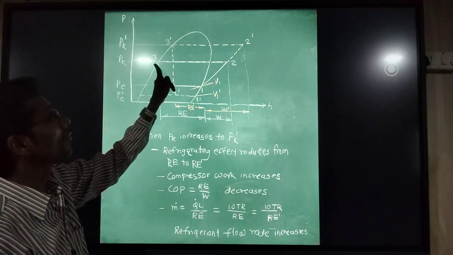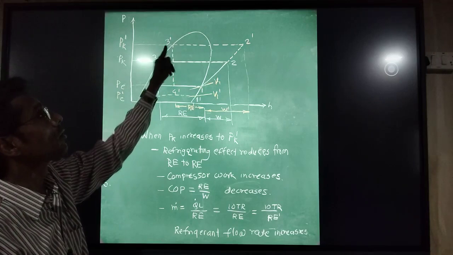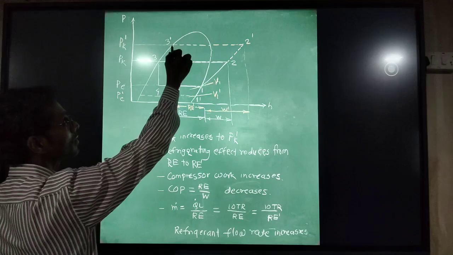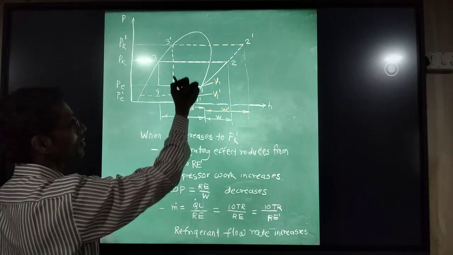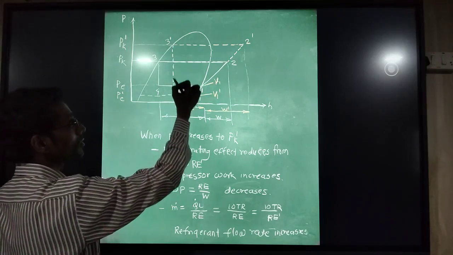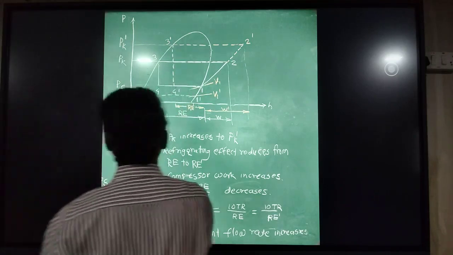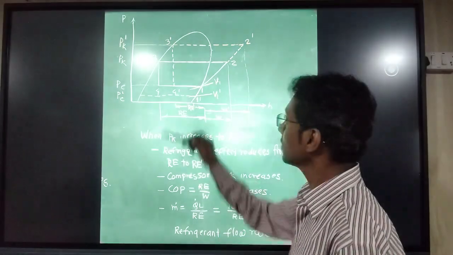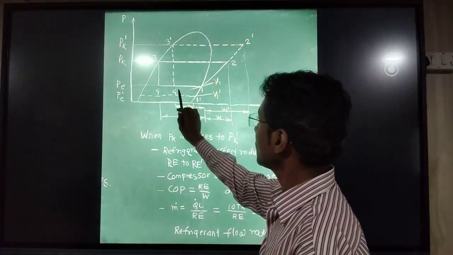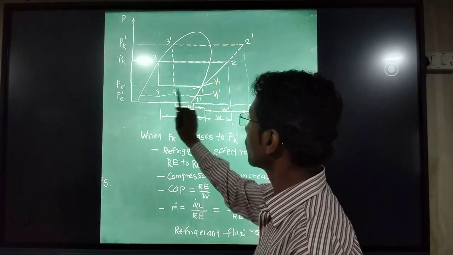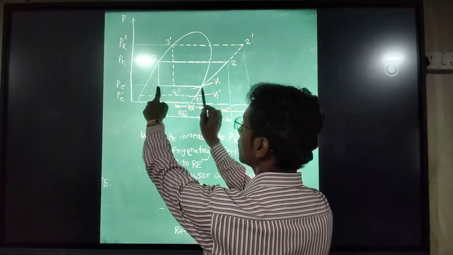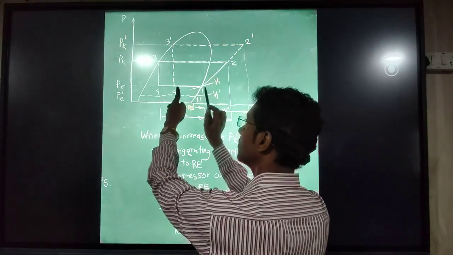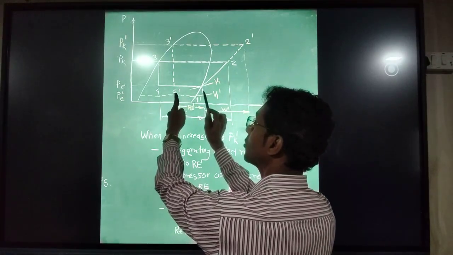This point is moving from 3 upward in this way. So 3 dash to 4 dash is the expansion process. In that expansion process, the flashing effect of the refrigerant is increasing, and it will ultimately reduce the length of this 1 to 4, the white line for single stage. If we go for heavy duty application using the same system, then we see this 1 to 4 dash.